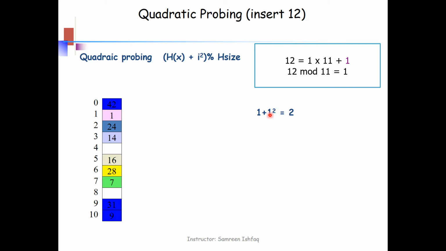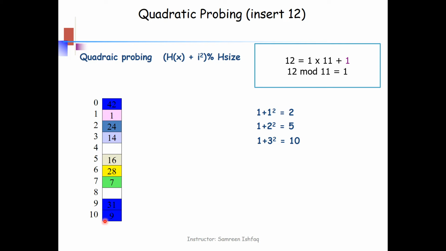So 1 plus 1 squared is equal to 2. Now check the second index, again a collision occurs. The value of h of x is 1 and the number of collisions is 2. So 1 plus 2 squared is equal to 5. Now we check the fifth index, again a collision occurs, and the number of collisions is 3. So 1 plus 3 squared is equal to 10.